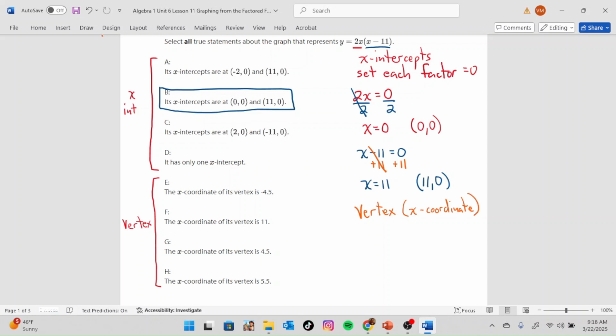And one thing to know about parabolas is that they move away from the vertex in both directions at the same rate. So this means it will be halfway between the x-intercepts.